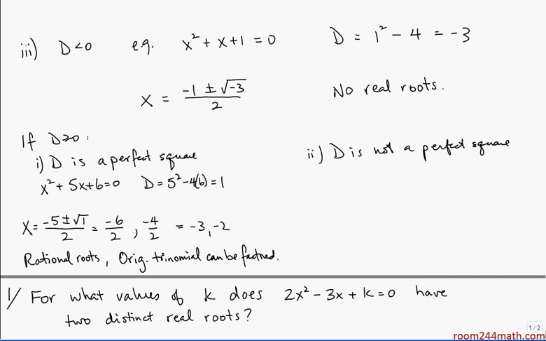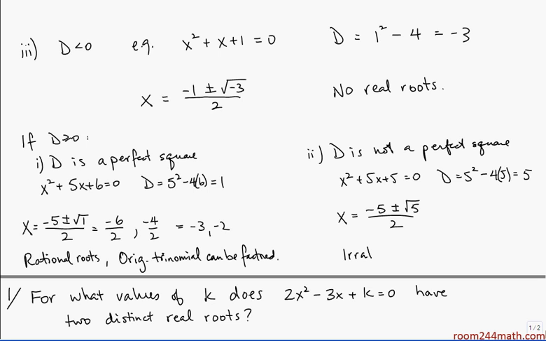Let's look at the other case here. D is not a perfect square. So as an example, x squared plus 5x plus 5. So the discriminant in this case is 5 squared minus 4 times 5, or 5 squared minus 20, which is just 5. And using the quadratic formula, you can see that x is equal to negative 5 plus or minus root of the discriminant, so root 5, all over 2.